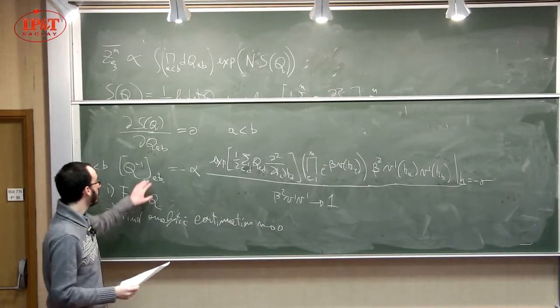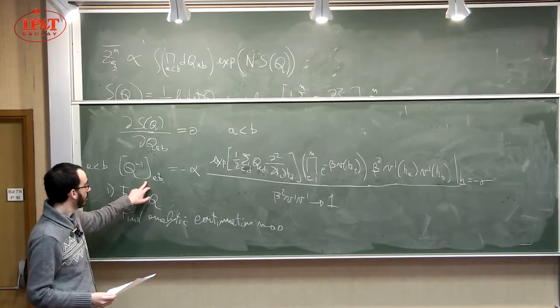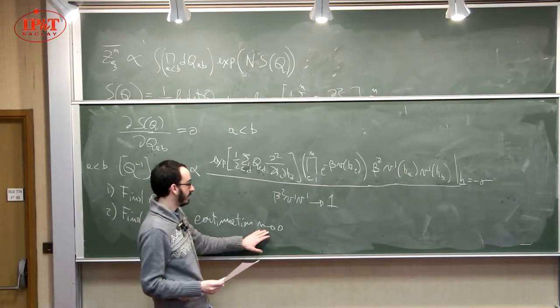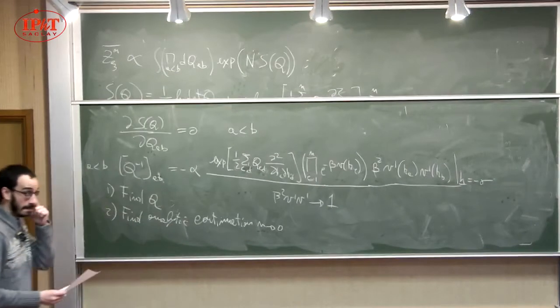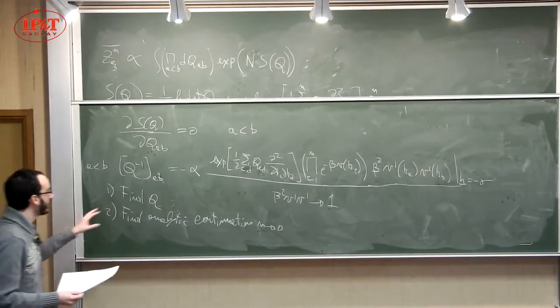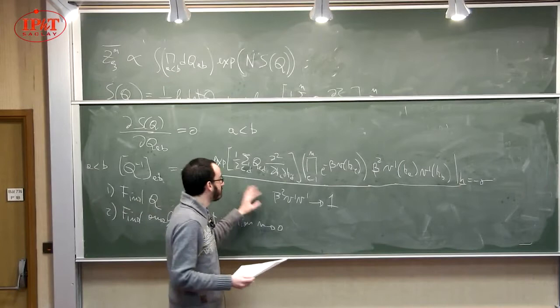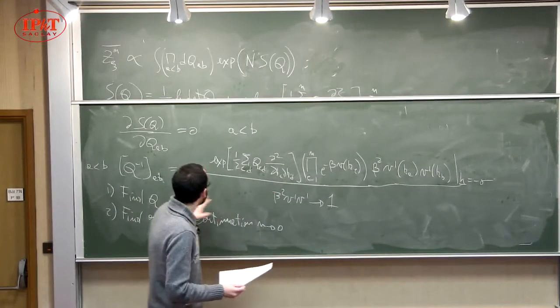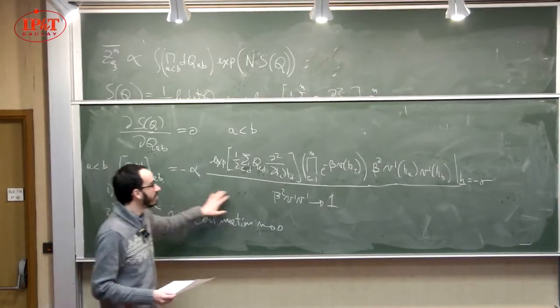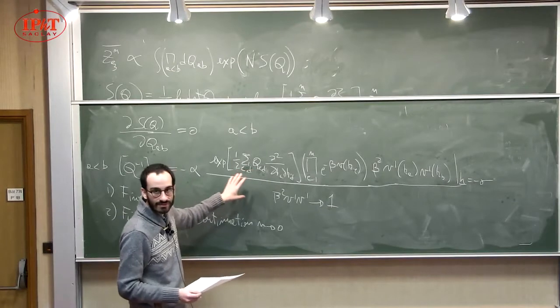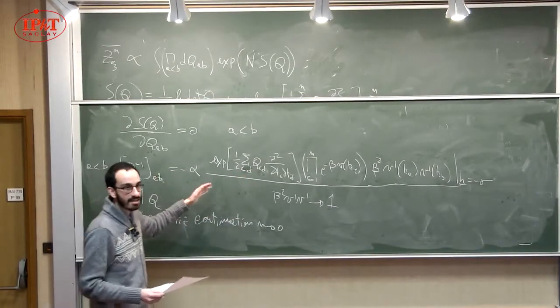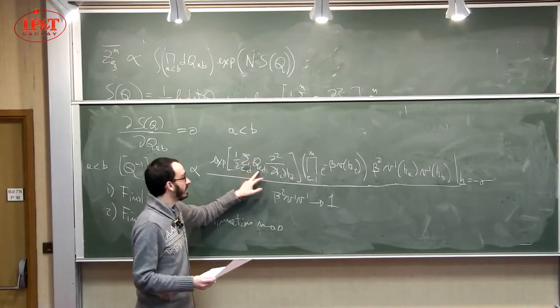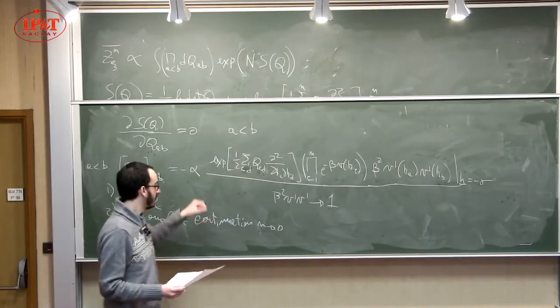So you want to find a family of solutions and then take the limit where n goes to 0. So this is very hard in principle. In general the saddle point equations are like this. So it's not clear if there is a structure with which you can solve at given n for all the matrix elements of Q, and then take n to 0.